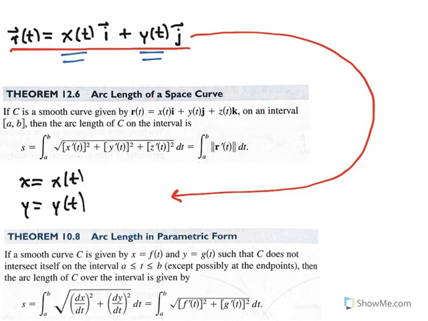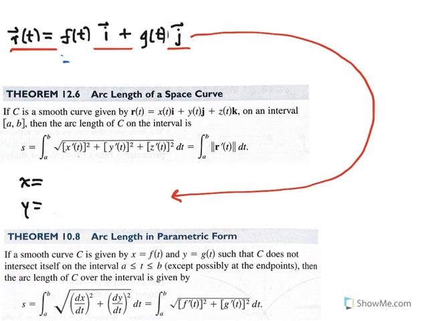Or I could likewise have it the other way around, where I will have the component functions be represented by f of t and g of t for my vector-valued function. In that case, my parametric equations will be x is equal to f of t and y is equal to g of t.